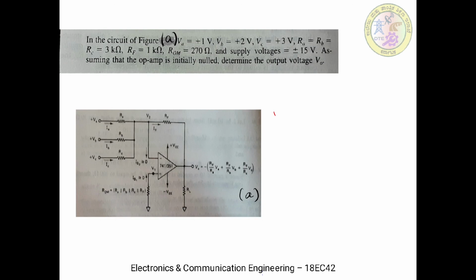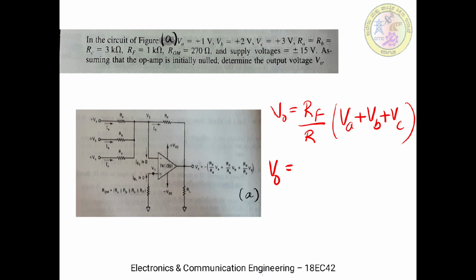V naught will be equal to minus RF by RA, but here RA equals RB equals RC, 3 kilo ohms. So when all three resistors are equal, we have the expression minus RF by R, into VA plus VB plus VC. Okay, so it is easy to solve now.